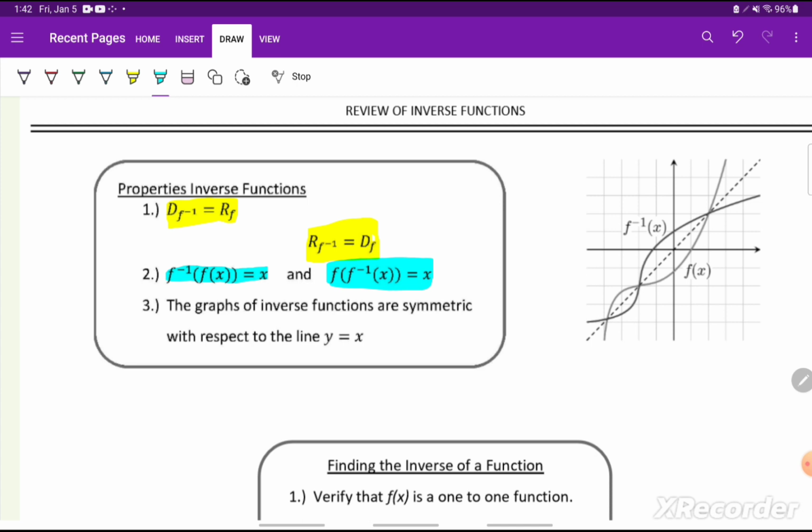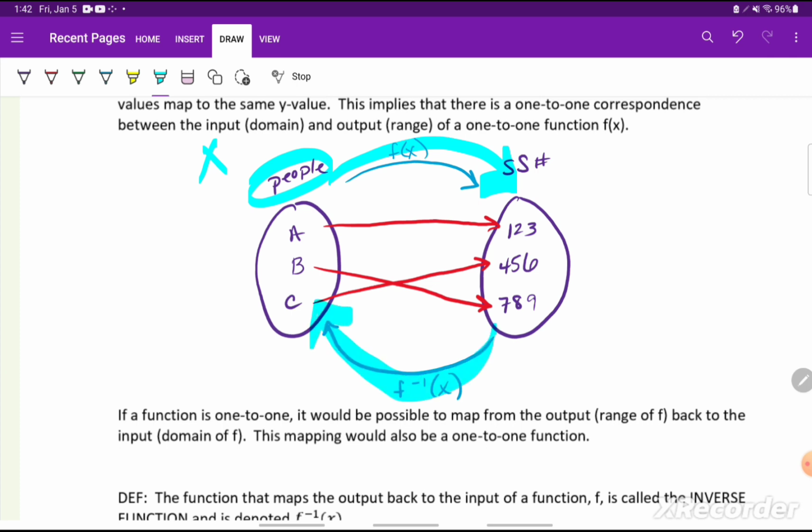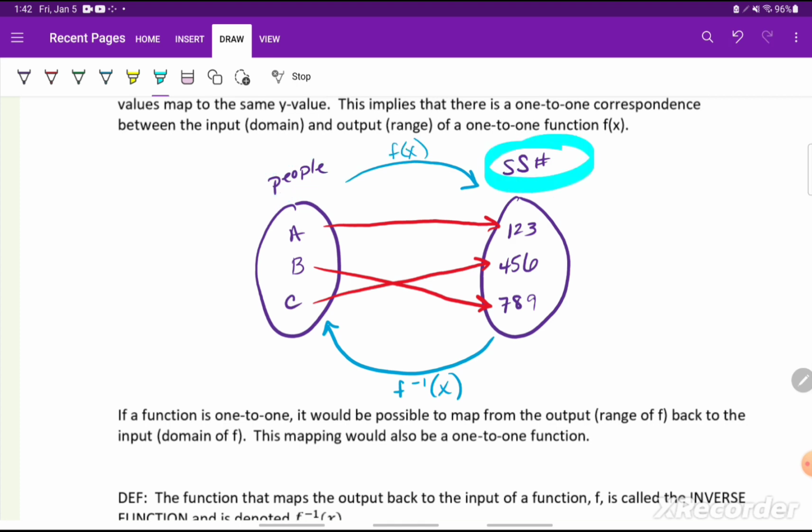And we can kind of see that in our diagram. If we're starting here with people, this is going to be our x value because it's our input. So if we first apply our function f and then f inverse, we end up where we started, which was with x values. Similarly, we could start with social security numbers being the input value, so that's the x.